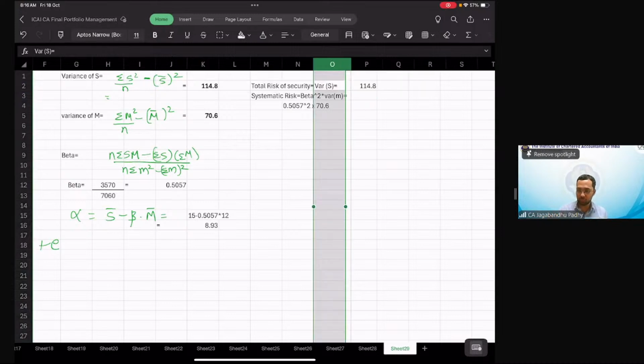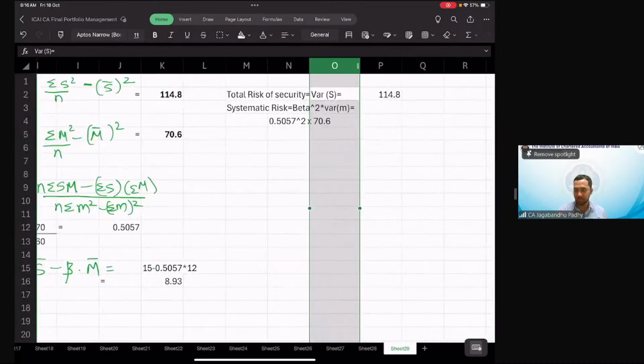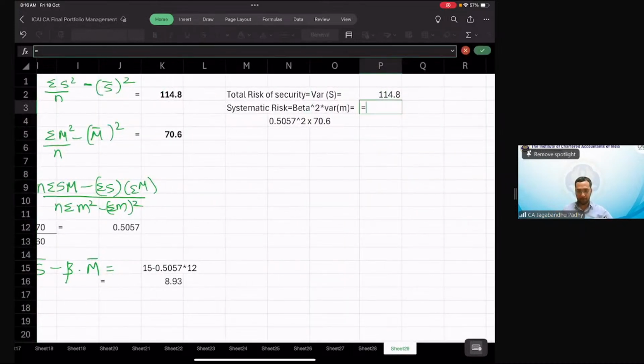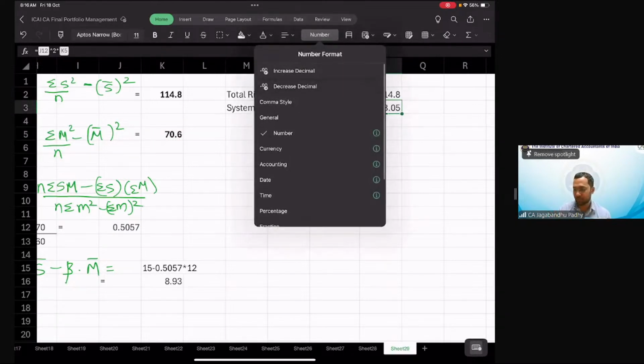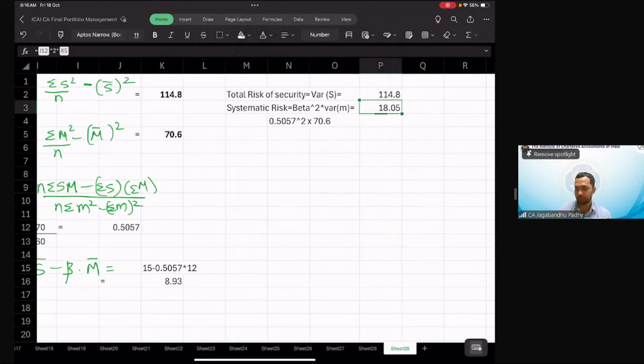So we can say the systematic risk will work out to be 0.5057 square multiplied by the variance of market, which is 18.05. Right? That's the systematic risk.